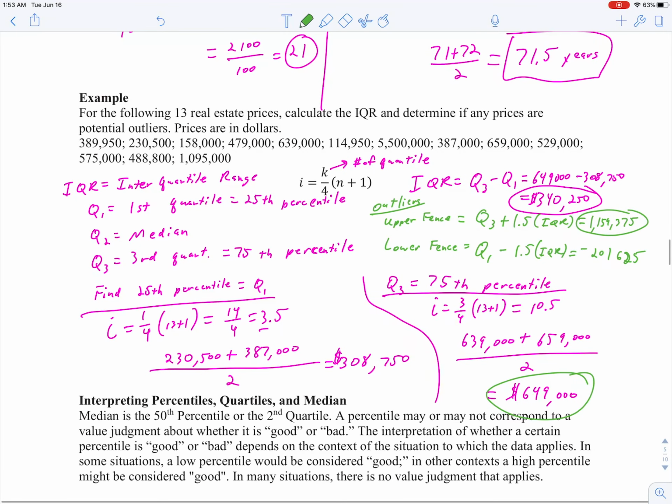We don't have any numbers bigger than 1,159,000, so no outliers on the higher end. And the lower fence is a negative number, which obviously you're not going to have a negative valued house. So in this case, there are no outliers.